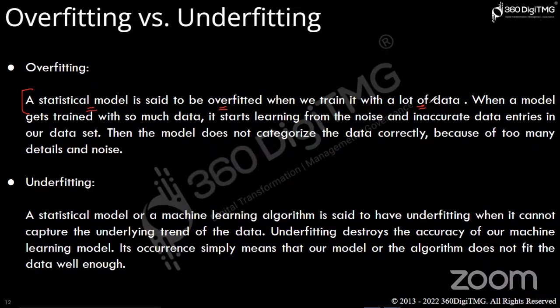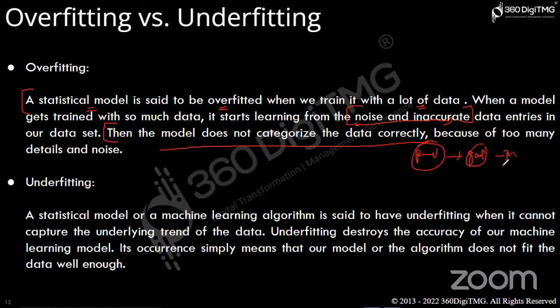We have huge data, but there is some noise or inaccurate data, and the model takes these values into consideration and starts to learn. Then this model does not categorize the data correctly, so we cannot predict perfectly. My model will be good when it is in the training stage, but when I supply it with test data, it fails.